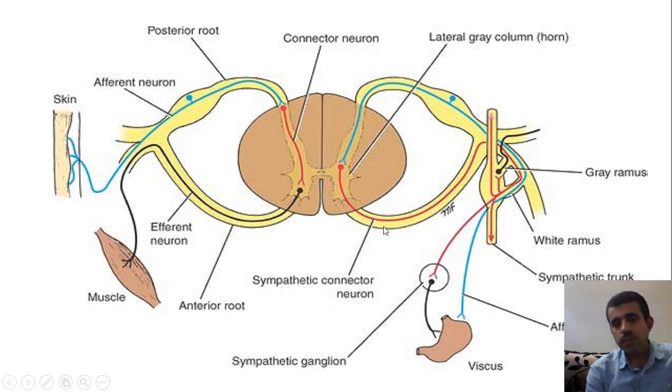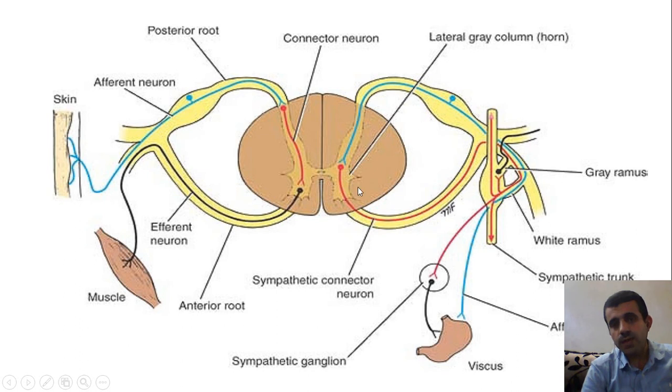Okay, but for explanation, here just the somatic nerves and here just the autonomic nerves. They are both present on both sides. So we have autonomic nerve fibers in the right and left, and we have somatic nerves in the right and left. But this is for explanation purposes.